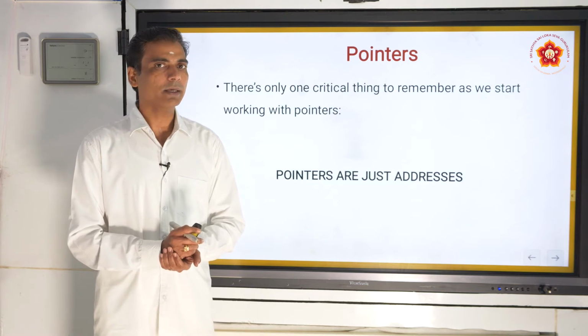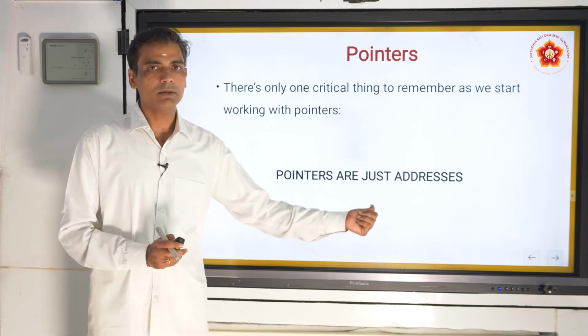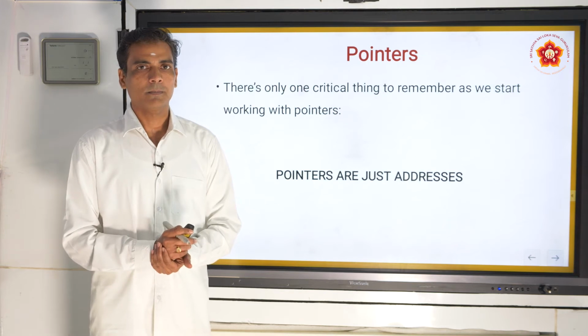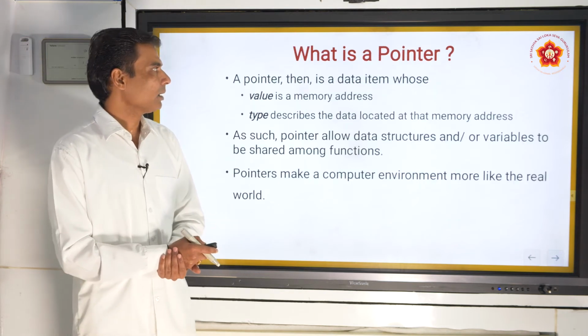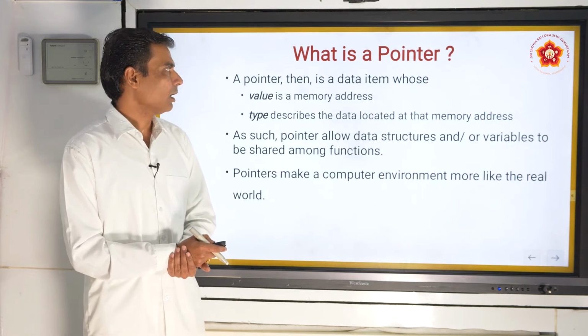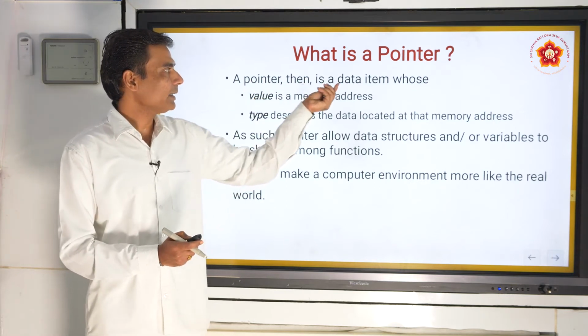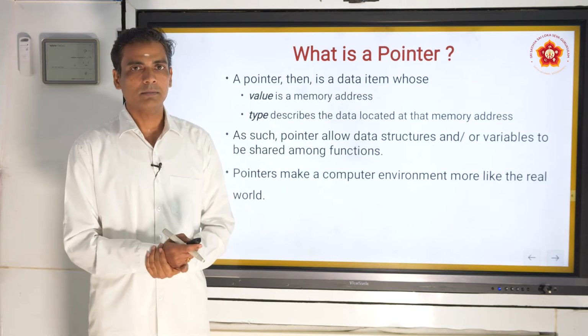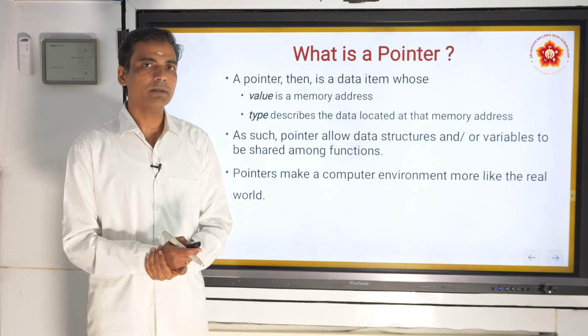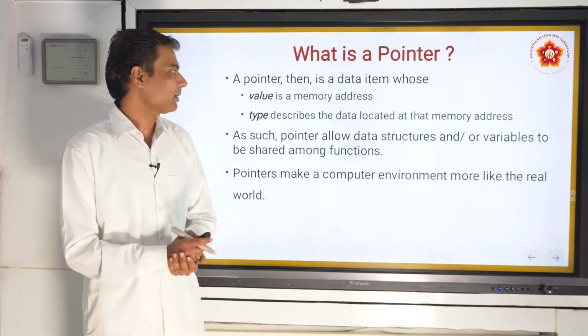In simple terms, pointers are nothing but just addresses. Why am I saying this? Just look at it. A pointer is a data item whose value is a memory address. Because a pointer represents some memory address, that's why we say pointers are just addresses.